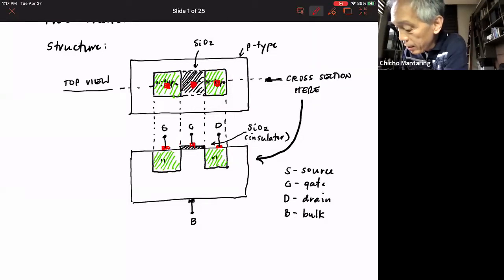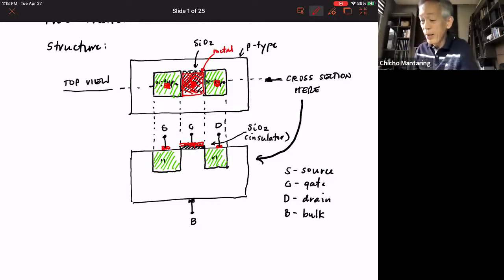Actually, the contact here should cover the silicon dioxide. No? So actually, yeah, this way. So silicon dioxide, and then on top of that, there's metal. So the red is the metal.